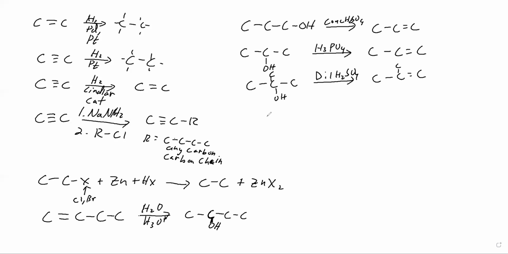Let's go to how to make halogens across. We have an alkene, and we have X2 in carbon tetrachloride. So X is either bromine or chlorine. You get C, C, and X across.